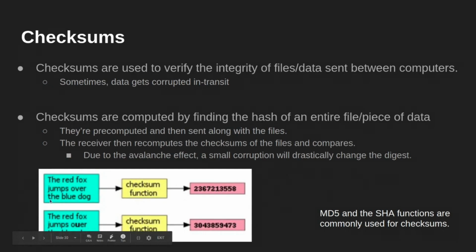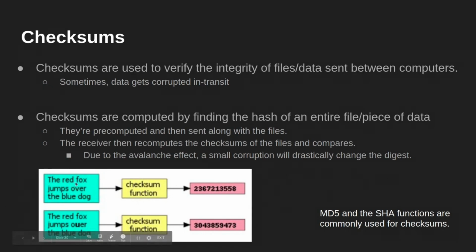So for example here, if someone wanted to send "the red fox jumps over the blue dog," they would first pass it through a checksum function and then get this number and then send this checksum and the message to the receiver.